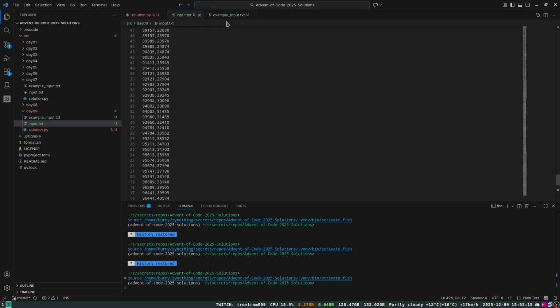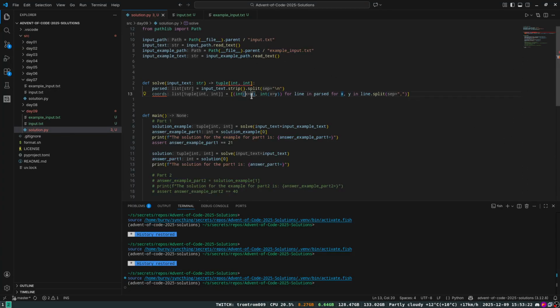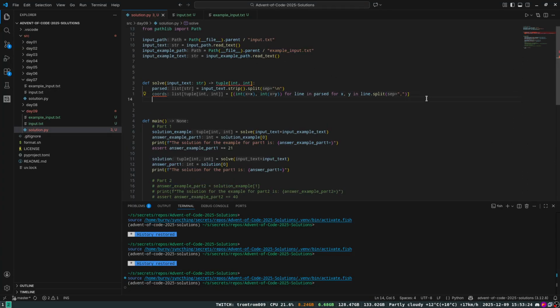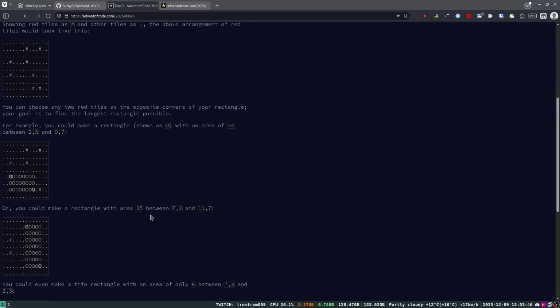Then I don't know if sorting helps, like the input looks sorted. Not really. Sort, better than n squared. Then I just need the size.